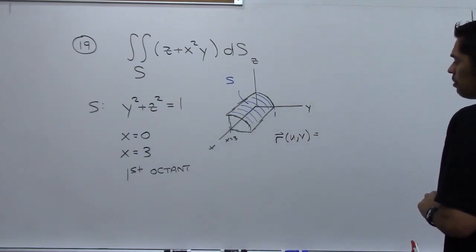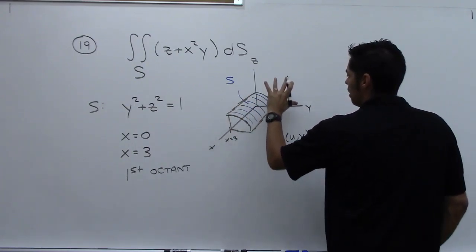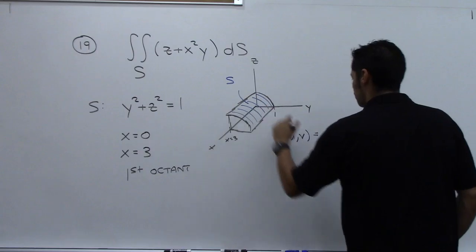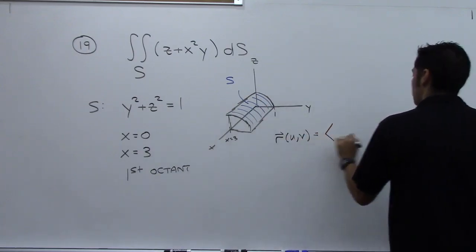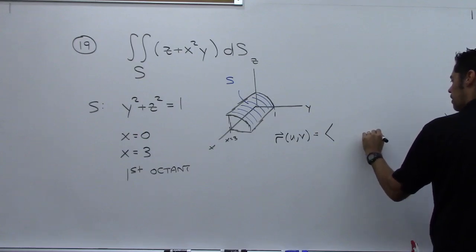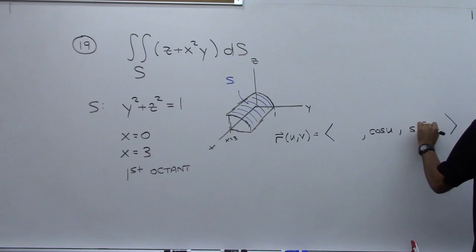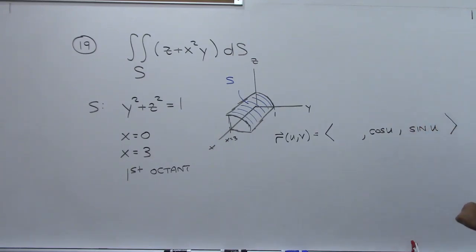So I want to draw the cylinder. It's this outside edge, using the YZ plane to draw circles. Since the radius is 1, I'm looking at something like cosine u, sine u. That should draw me unit circles because the radius here is 1.